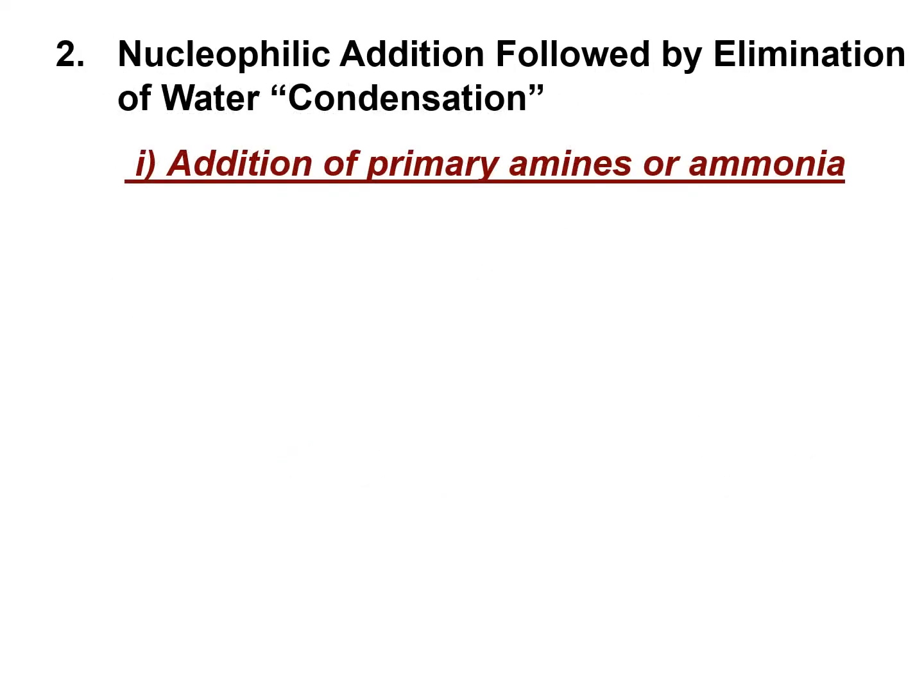Now, the second type of reactions that we will deal with during this video are the condensation reactions. What are condensation reactions? As we have mentioned, you have a carbonyl compound, and you have a nucleophile that is carrying a hydrogen.